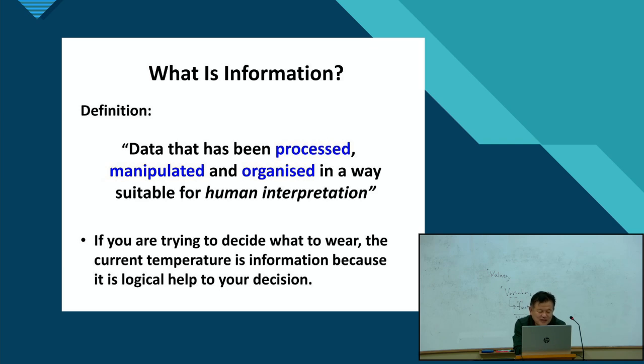If you are trying to decide what to wear, the current temperature is information because it is a logical help to your decision. It means today will be very cold. They announce the temperature; this is data.